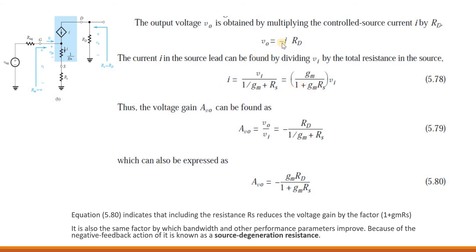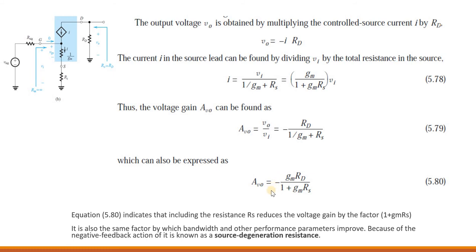So this I and this I get cancelled, and what you get is minus RD divided by 1 over Gm plus Rs. This is the open circuit voltage gain. Or else we can rewrite this as minus Gm into RD divided by 1 plus Gm into Rs.